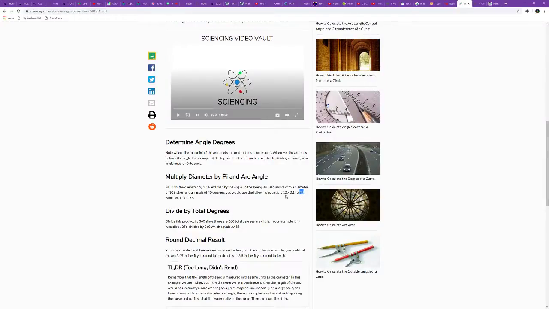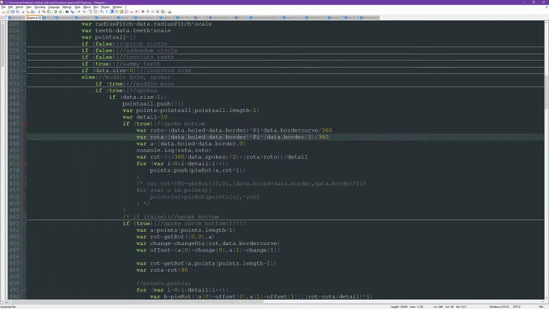So how do I reverse this not knowing what that number is? Okay, so I have that number. So I want to find this. I would times by 360, divide by pi, divide by the radius, and that would give me this?